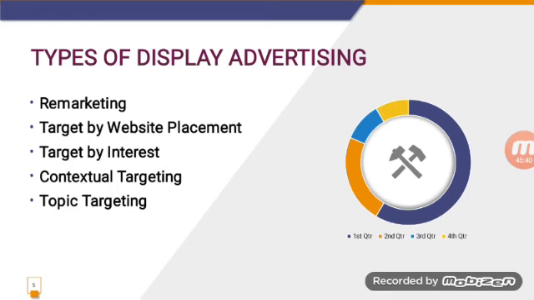This is an example of remarketing, where advertisers or marketers don't want you to forget their product or their brand. So they will keep coming back, they will keep retargeting you, so that that particular brand goes into your mind and you will go and convert that into a sale probably. So this is an example of remarketing.